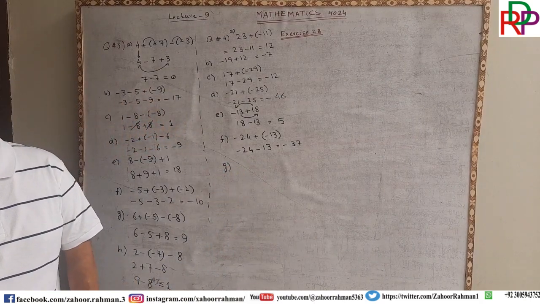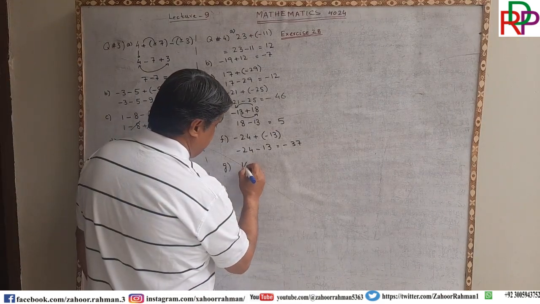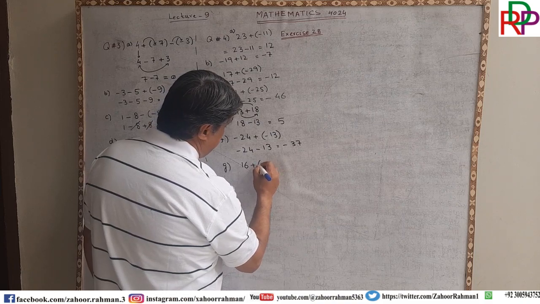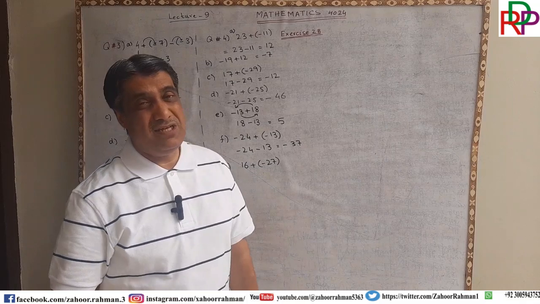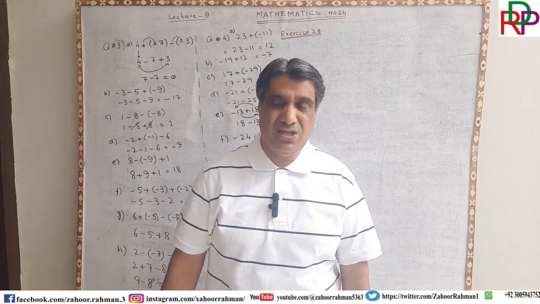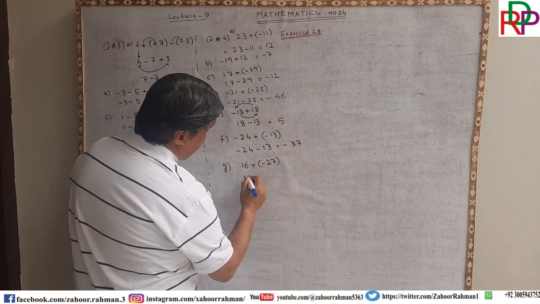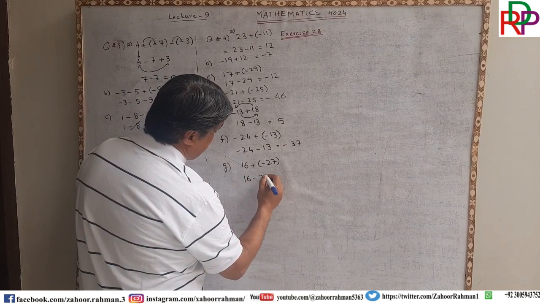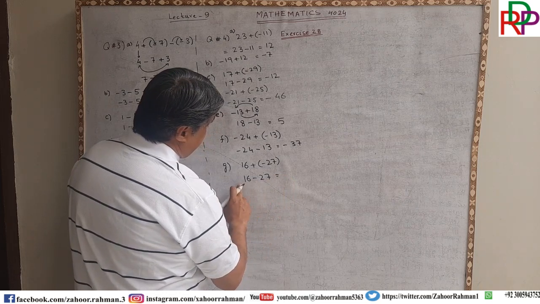G part is 16 plus minus 27. We can write 16 minus 27. Now, there are two different signs.